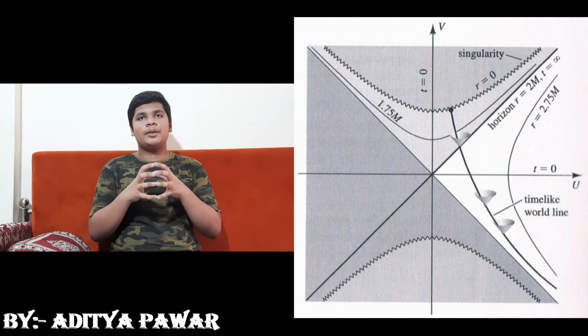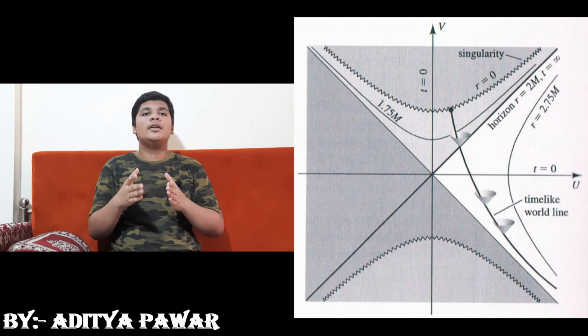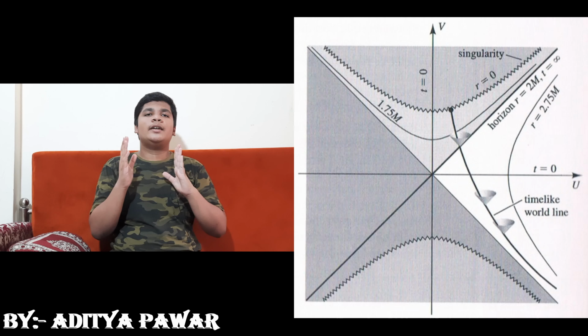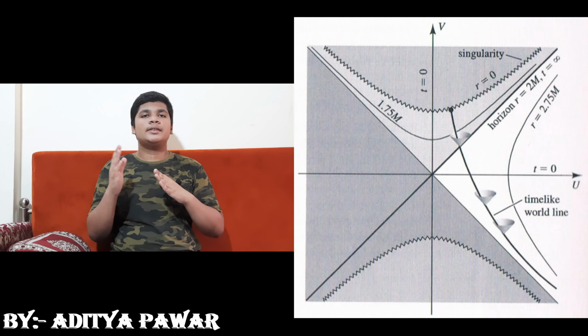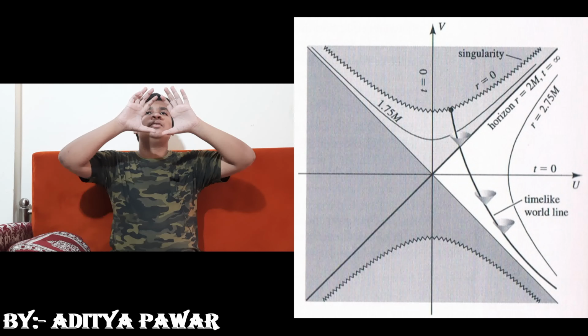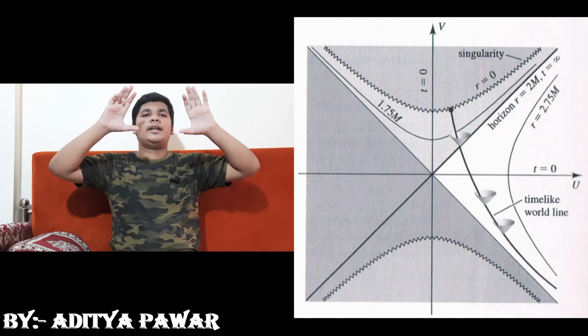As we go into Minkowski space-time, imagine that same light cone, and now this light cone's diagram converted for the black hole is called the Kruskal-Szekeres diagram or coordinates. You can also imagine it as a Penrose diagram.